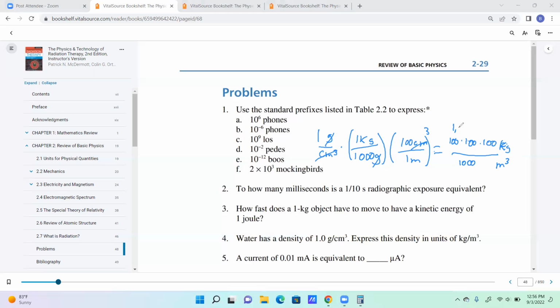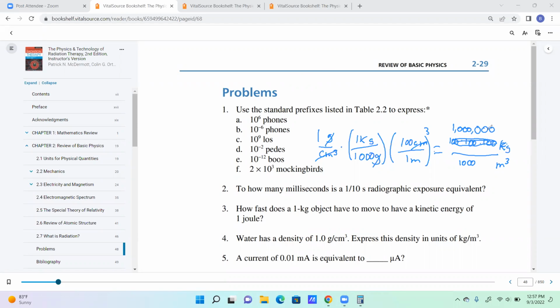That gives me 6 zeros up on top. So I should have 1,000,000 up there. Okay, cancel that. So that takes care of all of that.